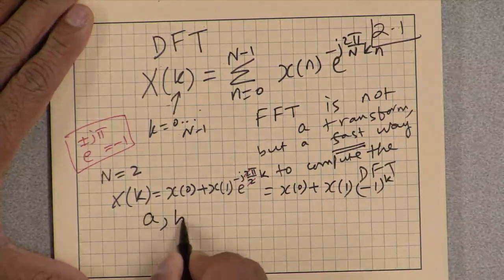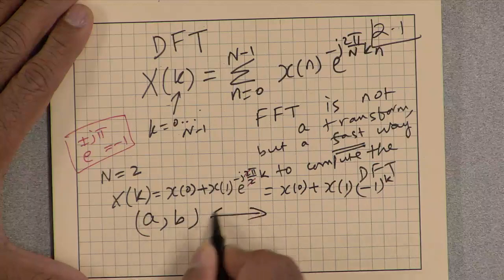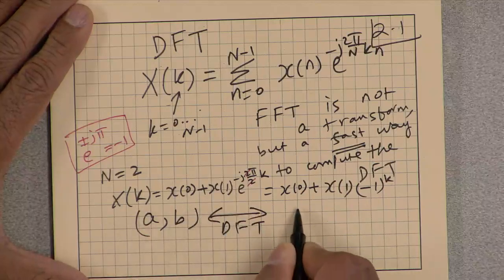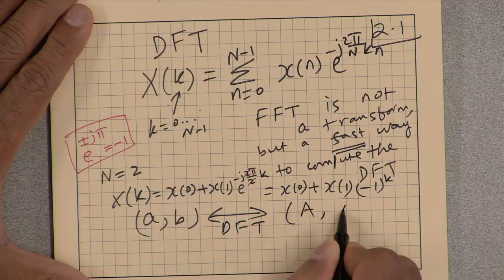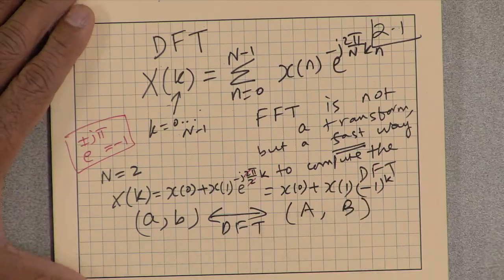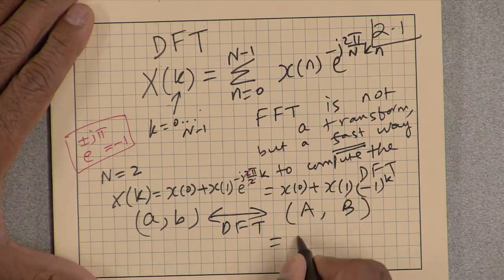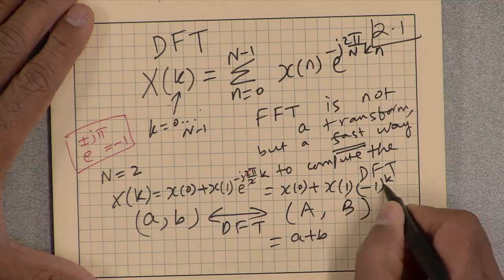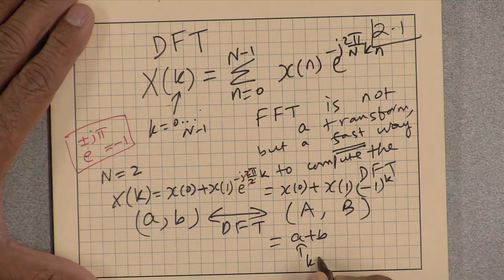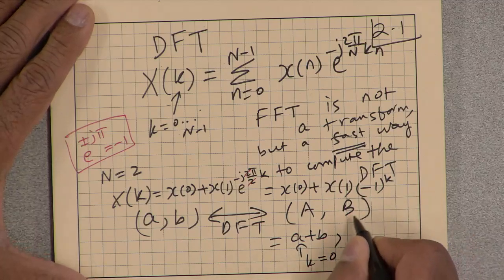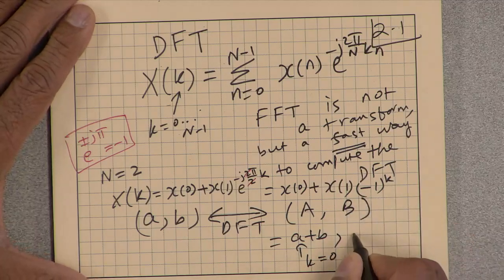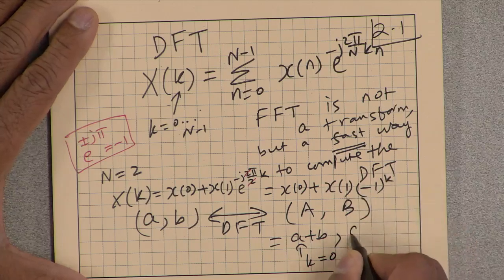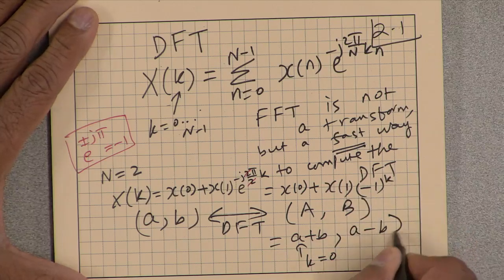So if I have a 2-point sequence a, b, the DFT of that is going to be cap A, cap B. For k equal to 0, we get a plus b. For the next point, k equal to 1, minus 1 to the power 1 is minus 1, so that's a minus b.